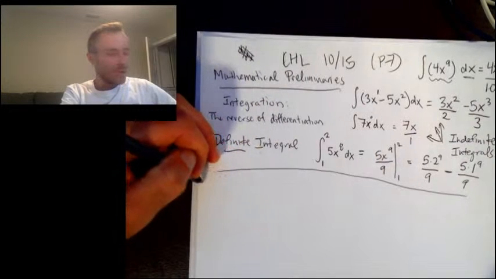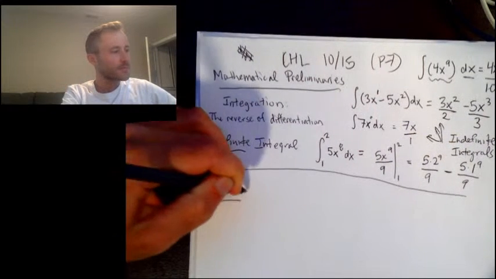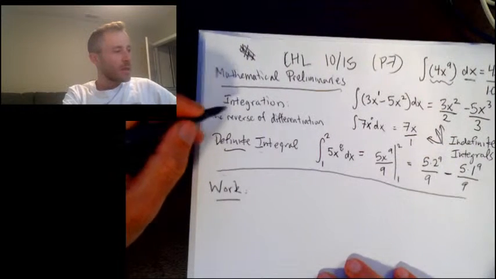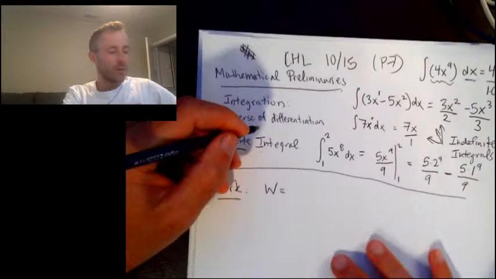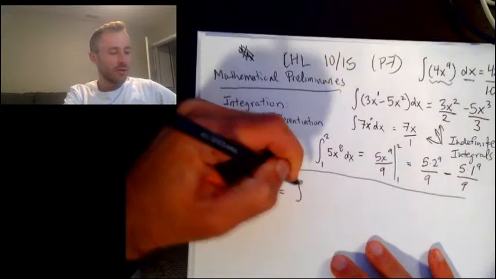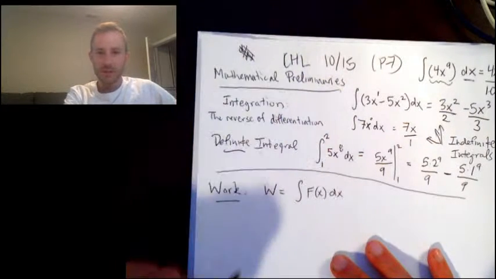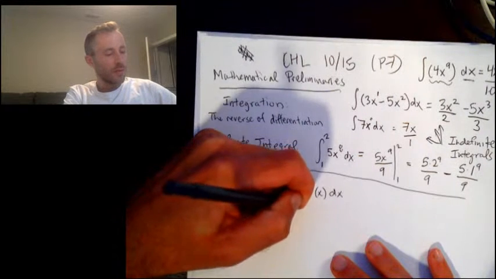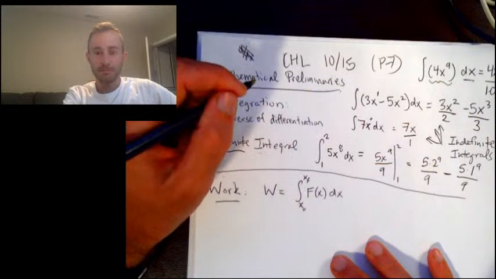Okay. Work is the topic of today's lesson. Work is denoted by W. Okay. And work is the integral of the force as a function of position, from the initial position to the final position.